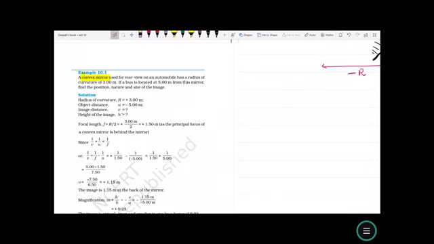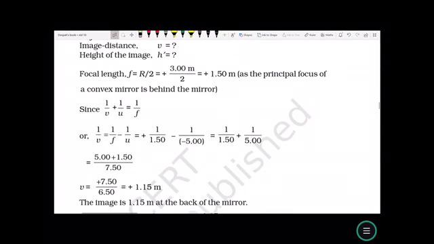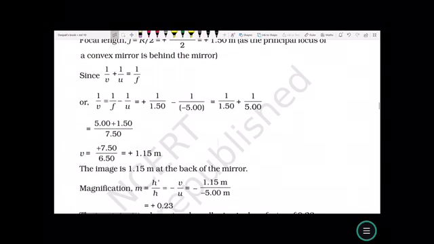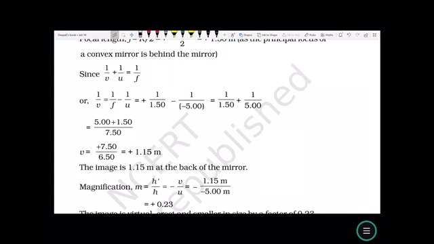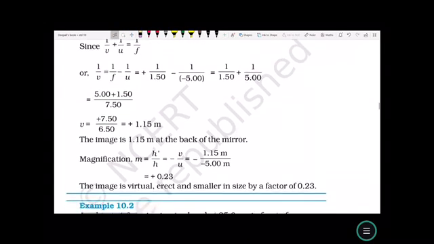A convex mirror is behind the mirror. So, the principal focus in the convex mirror is behind the mirror, and so 1 upon U plus 1 upon V is equal to 1 upon F, or 1 upon V is equal to 1 upon F minus 1 upon U is equal to plus 1 upon 1.5 minus 1 upon minus 5 is equal to 1 upon 1.5 plus 1 upon 5, that is 5 plus 1.5 upon 7.5.